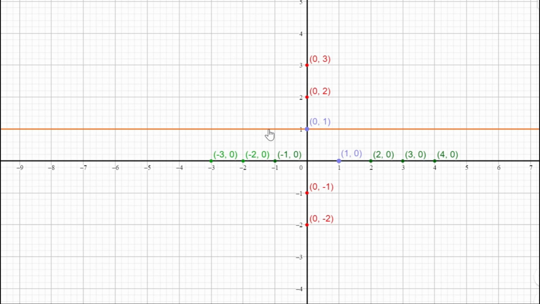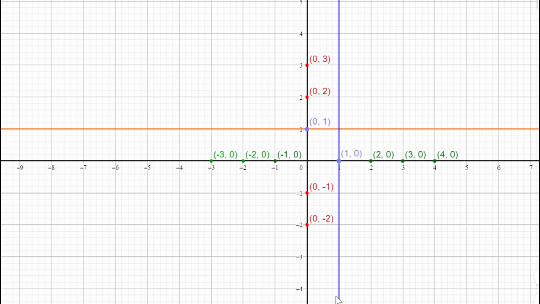Last part, the x-coordinate of any point on the line through 1, 0 parallel to the y-axis. This is the point 1, 0. Let us draw a line parallel to the y-axis through this point. Now we have to find the x-coordinate of any point on this line.